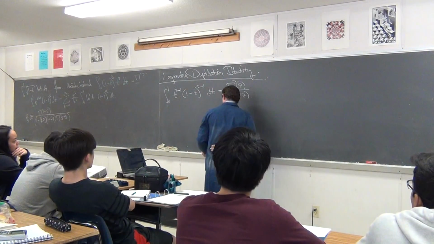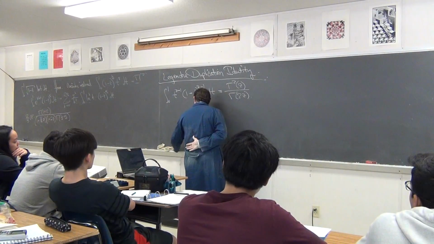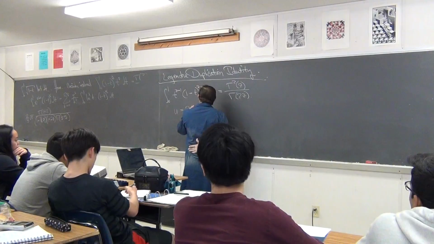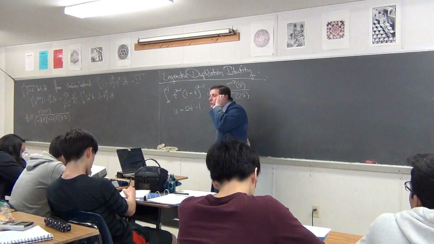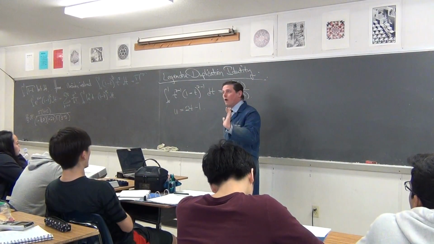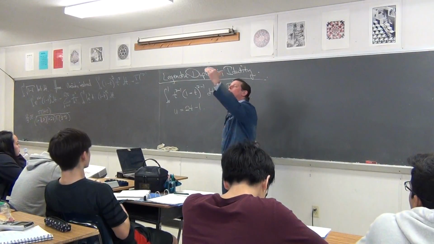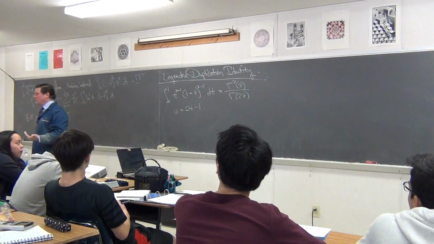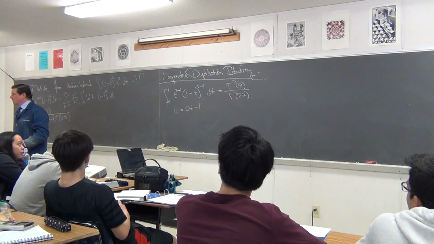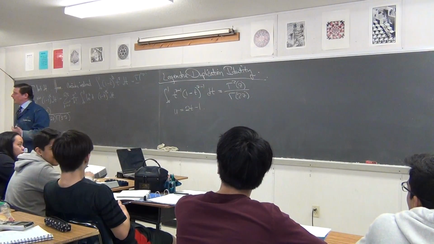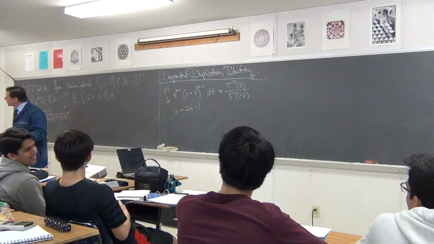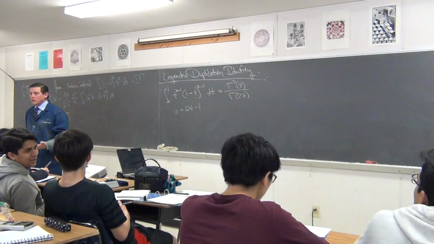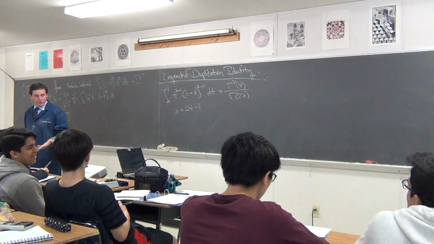So here's what we're going to do. We're going to consider this u substitution: u equals 2t minus 1. Now, I don't expect you at this moment to see the utility of that substitution. Let's just take it for granted right now, and as we move through, we'll see why this choice of u is so lucrative.